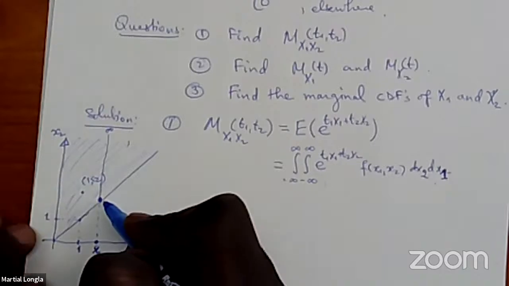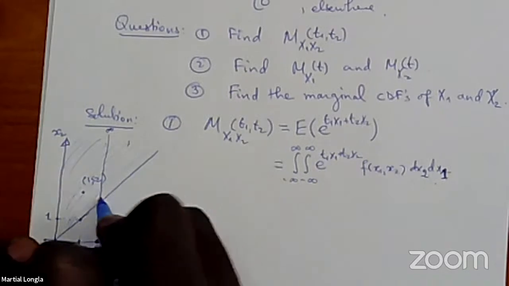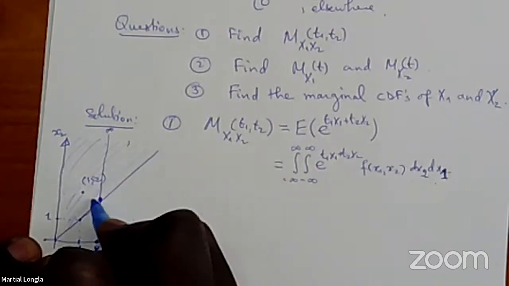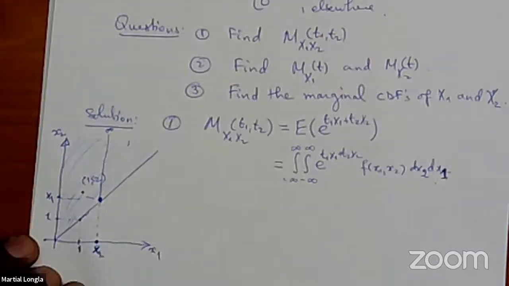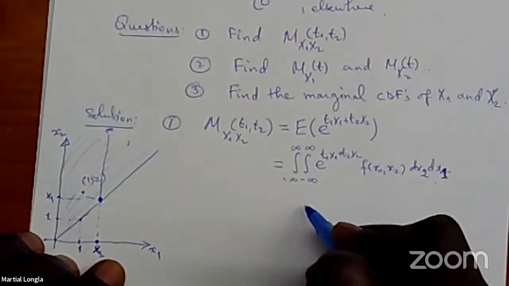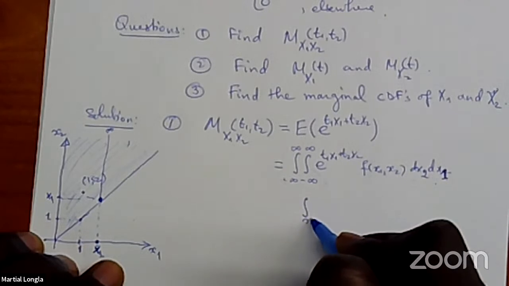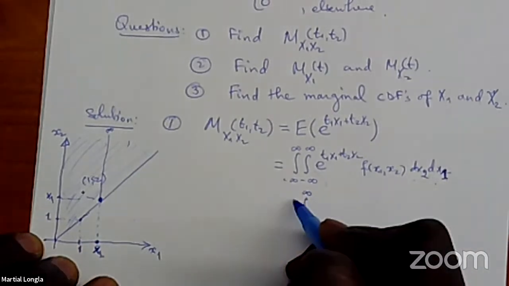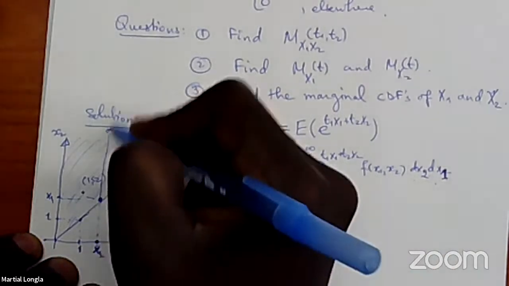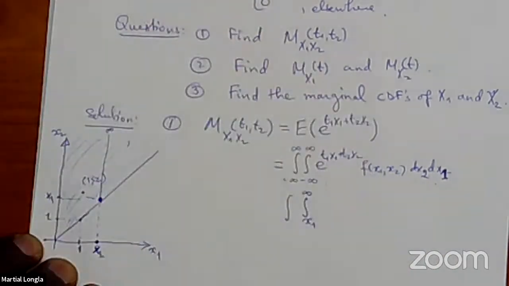So right here, for that fixed value of x1, where you start your integration is x1. So this integral is going to go from x1 to infinity. And then after integrating with respect to x2, there will be no more x2 inside that integral. I will be left with x1.